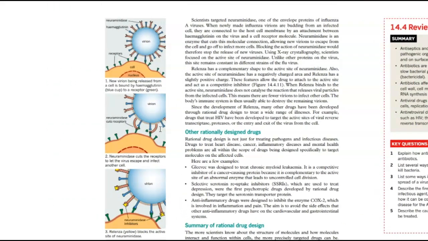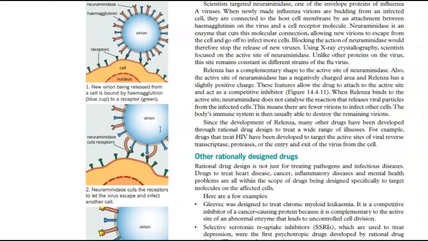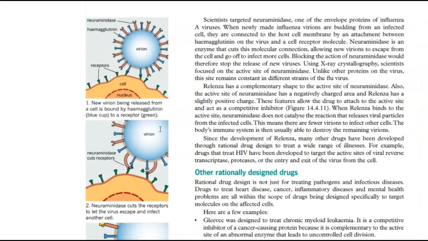So you're first shown the case of what's happening with influenza under normal circumstances, so without the presence of Relenza. And so we can see the virus here, and this would be the host cell down here. And the virus is exploiting these receptors on the outside of the host cell and holding on to them.